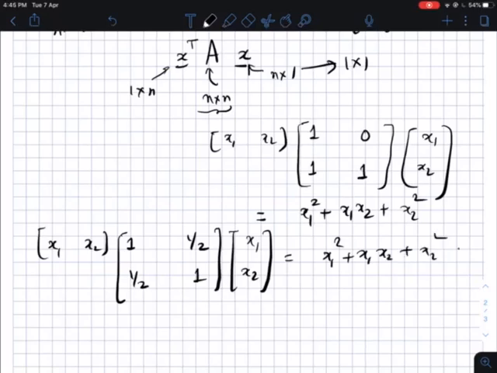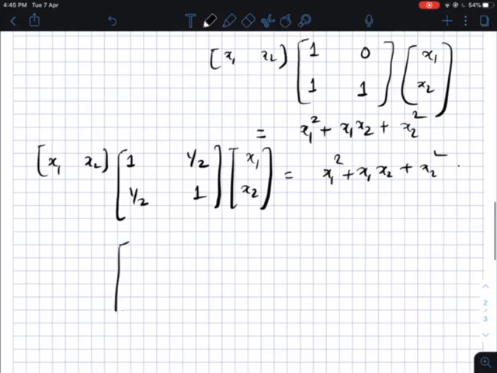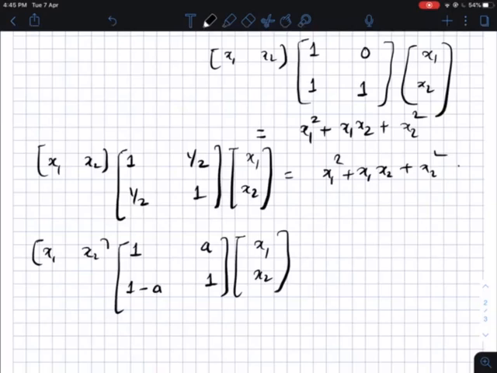So it does seem that there are actually many possible matrices. In general, this is the most general matrix that you can write that will evaluate to this quadratic form. Once again, you can easily check this by computing it, and you will get the same quadratic.